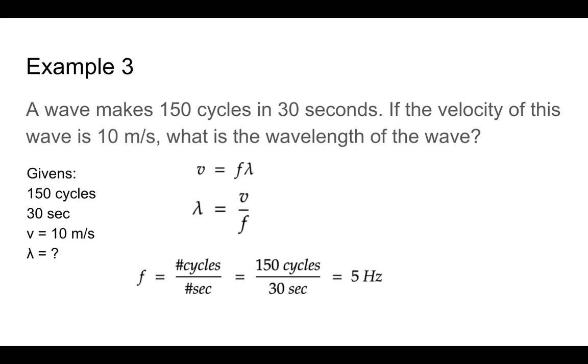Plugging that into my calculator, I get a frequency of 5 hertz. Now you've seen that I've already rearranged the equation. I know that lambda, the wavelength, will be equal to velocity divided by frequency. So now I can just plug in my information. I get the wavelength, lambda, is equal to that velocity, 10 meters per second, over the frequency, which is 5 hertz, and that ends up being 2 meters for my wavelength.